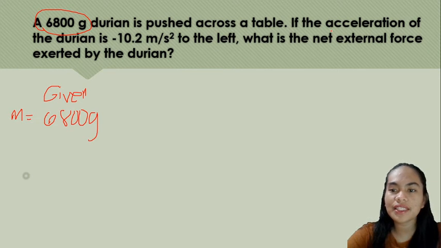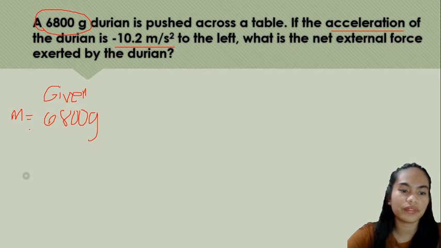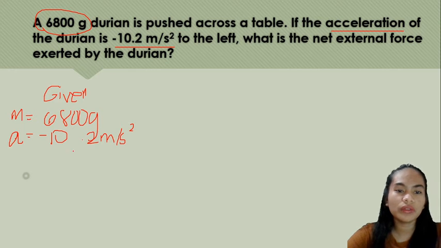The acceleration of the durian is negative, so let's write acceleration is equal to negative 10.2 meters per second squared. We are going to look for the force, and the unit for force is kilograms times meters per second squared.